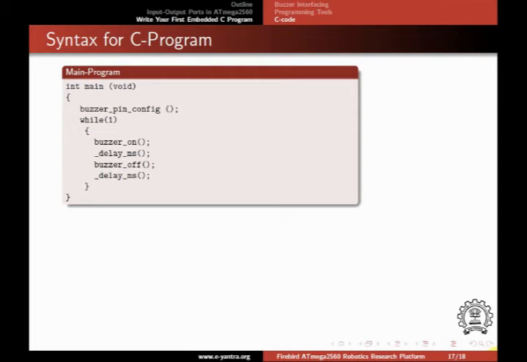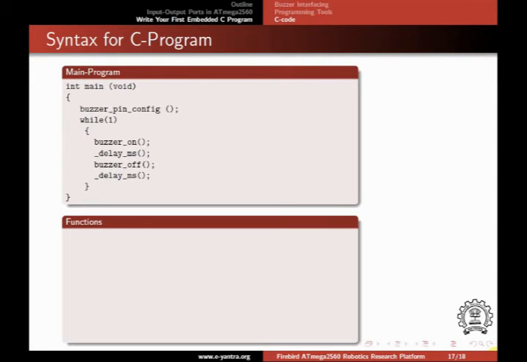Next we call buzzer_off and then again give the necessary delay. So these functions will be called in the while loop, making the buzzer on and off at particular intervals depending upon the delays.